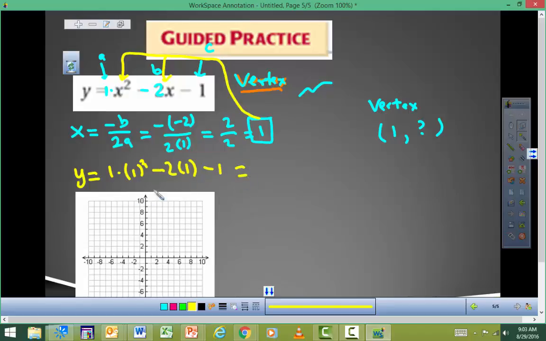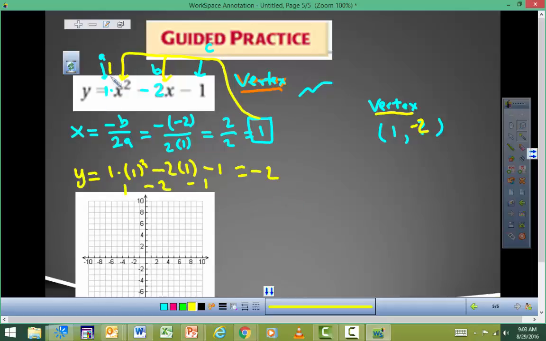And let's see, can we do this in our head? 1 squared is 1 times 1, so that's 1. 2 times 1 is negative 2, and then minus 1. So that's minus 3, 1 minus 3, I think that's minus 2, right? So what I found out is that the y-coordinate is actually minus 2. And so now I can plot this vertex. By the way, does this open up or down?